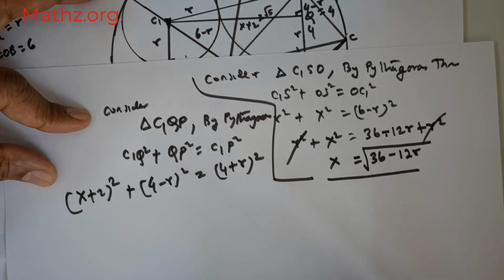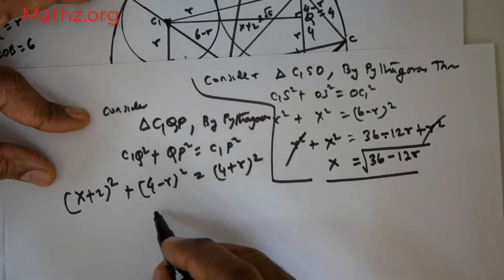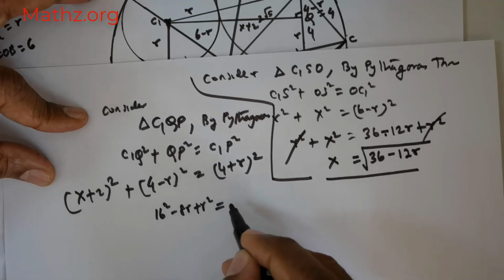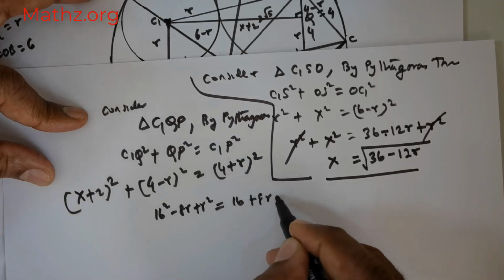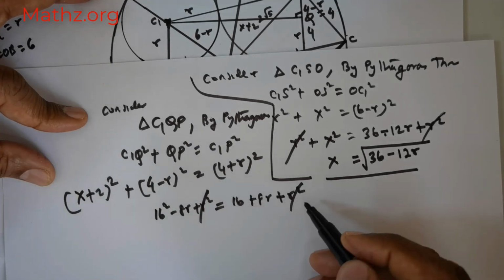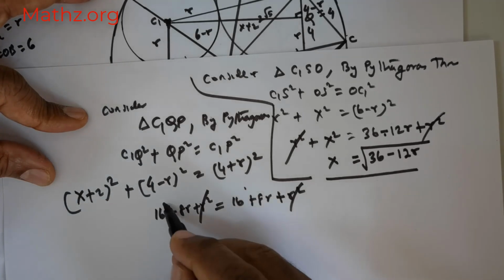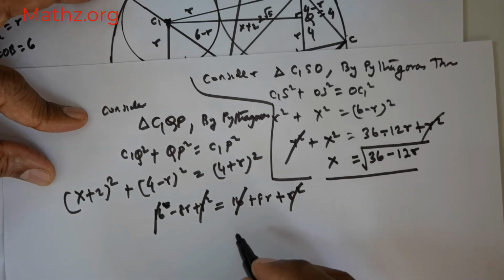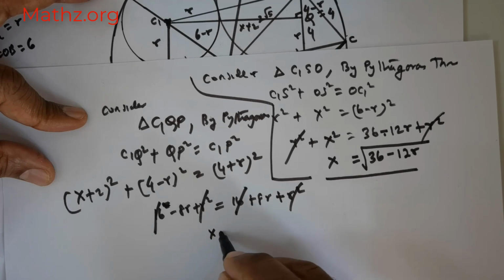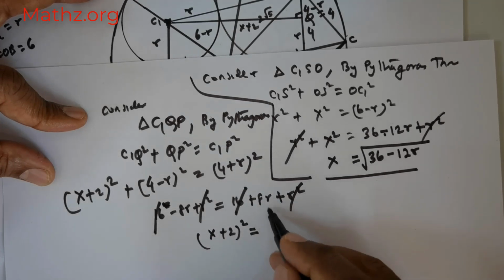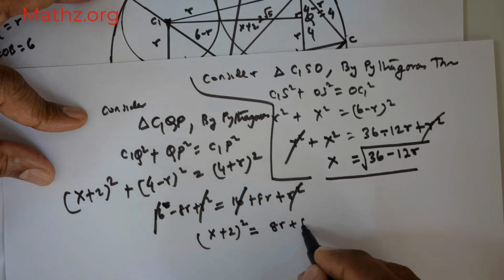Okay, so first let me evaluate these two. This is going to be 16 - 8r + r squared is equal to 16 + 8r + r squared. So this and this can be cancelled. This is just 16, so 16 and 16 can be cancelled, and you get (x + 2) raised to the power of 2 is equal to 8r + 8r.